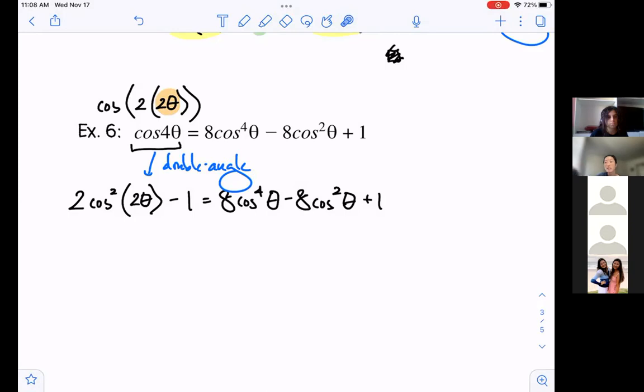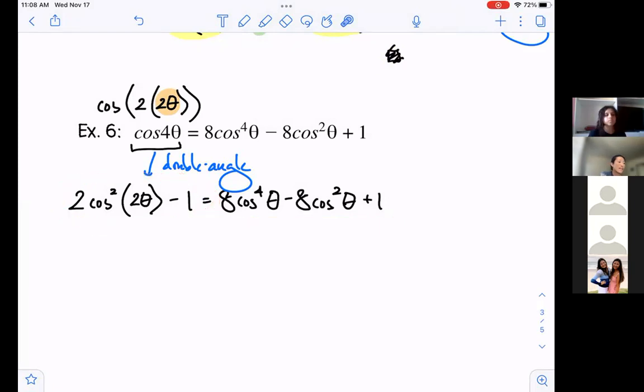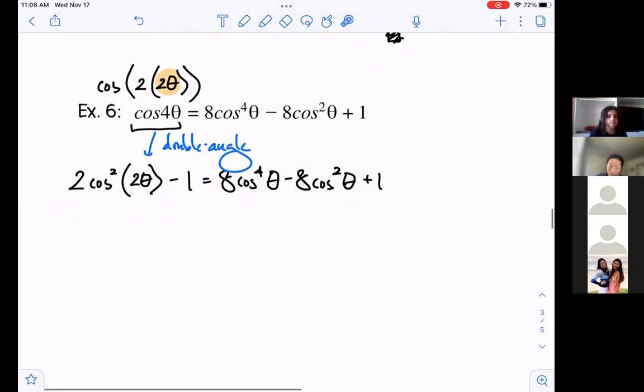There's no sines on the other side. So could I have written over here 1 minus 2 sine squared? Yeah, that's mathematically correct, but is it getting me closer to the other side? I don't think so. And so it's exactly that kind of decision making I want to make sure we practice here. All right. So let's continue.